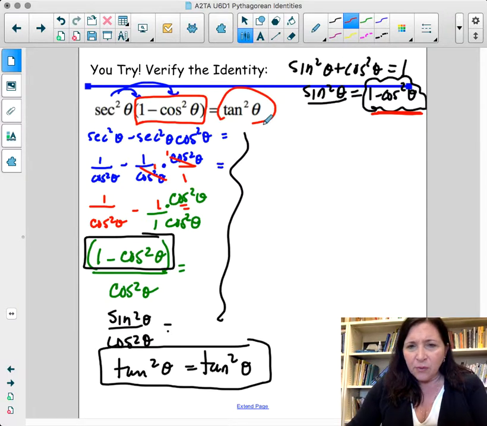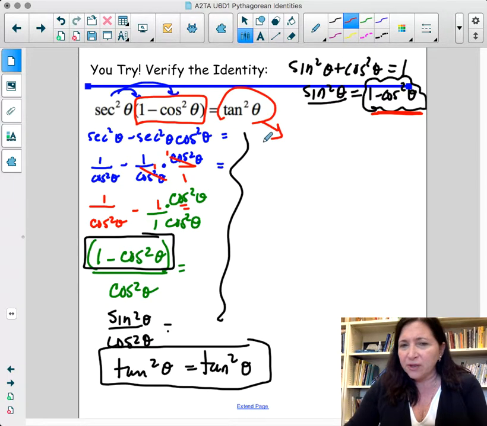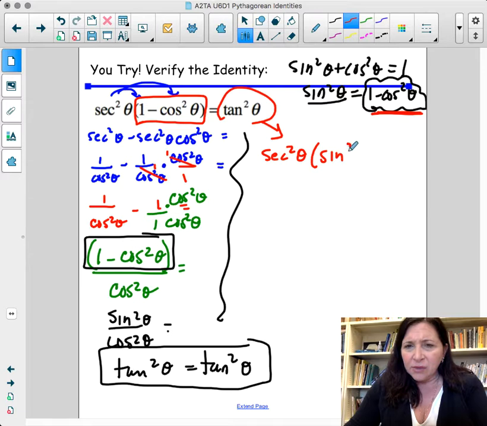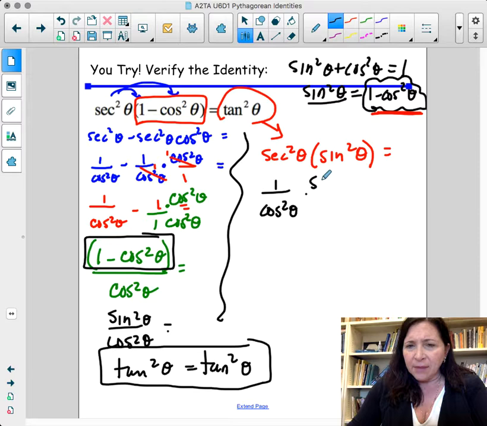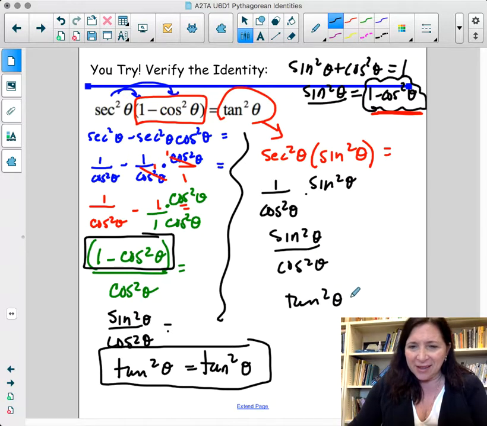So really what I would do if I was to redo this problem, I would say secant squared of theta times sine squared of theta equals, and then I would change these into sines and cosines. So secant squared is 1 over cosine squared of theta times sine squared of theta, which is just sine squared of theta over cosine squared of theta, which is tangent squared of theta, equals tangent squared of theta.